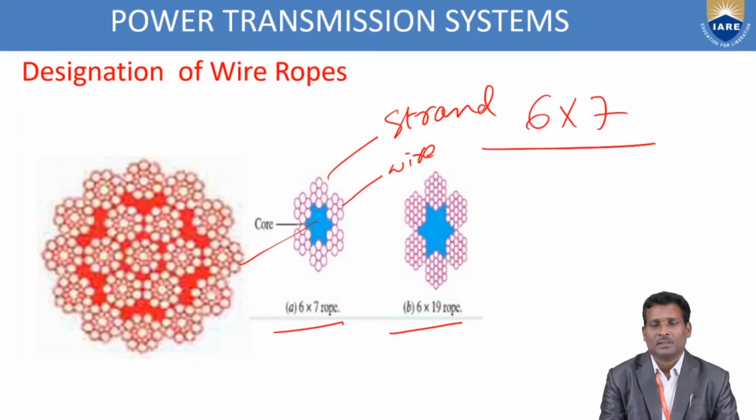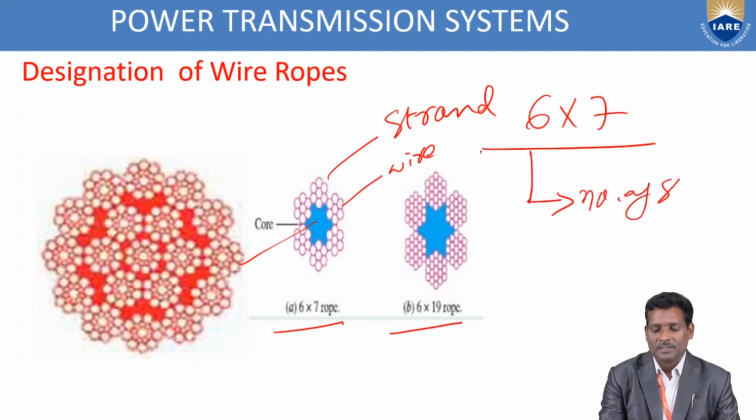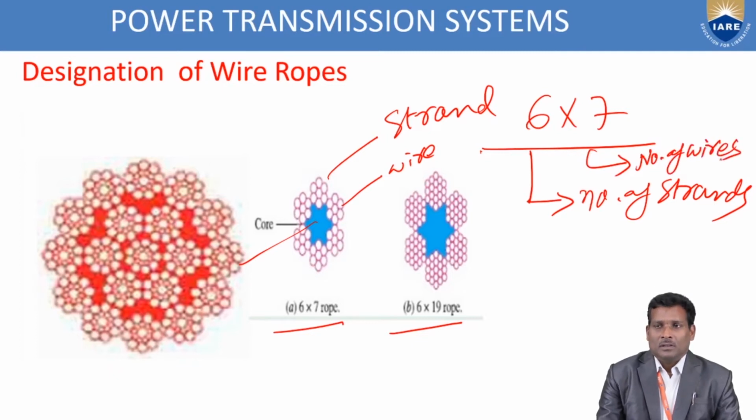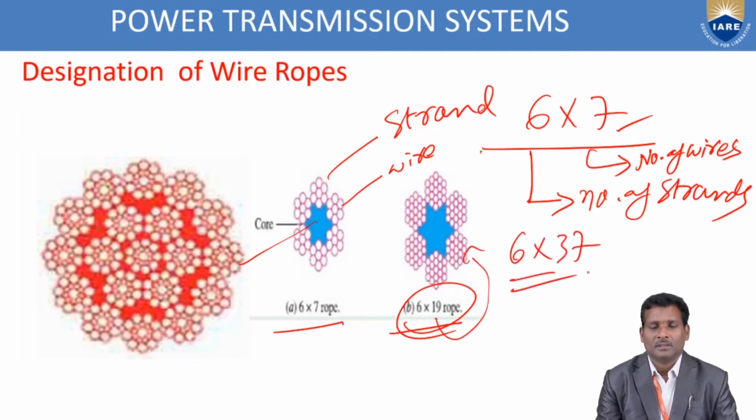In the designation of wire rope, 6 indicates the number of strands, and 7 indicates the number of wires. The wire rope has 6 strands, and each strand has 7 wires. Similarly, 6x19 has 19 wires, and 6x37. Like this we give the designation of wire rope.